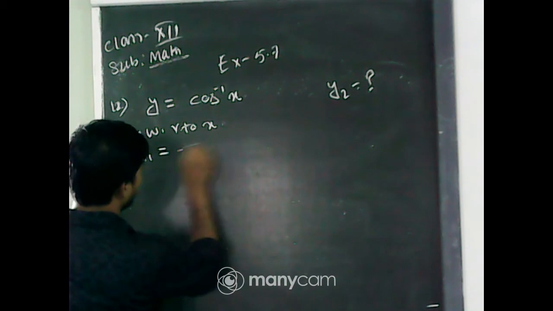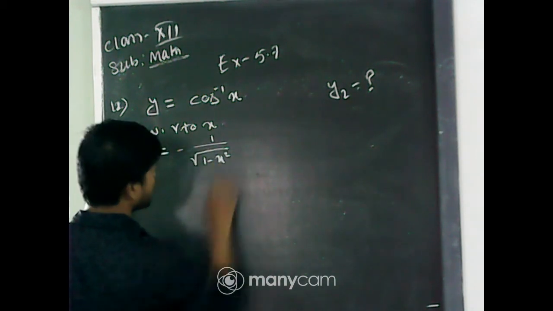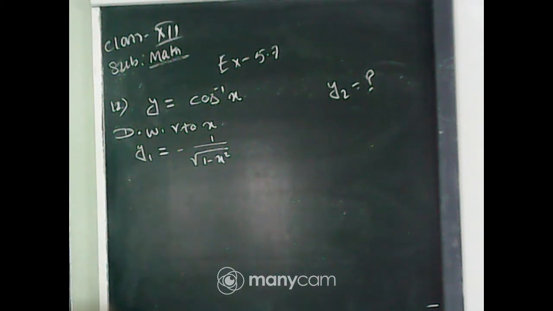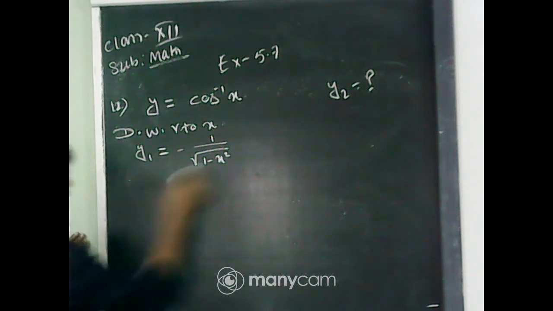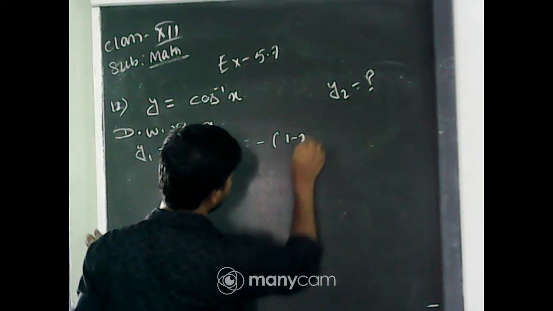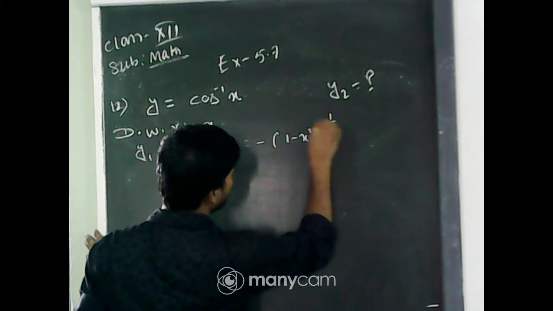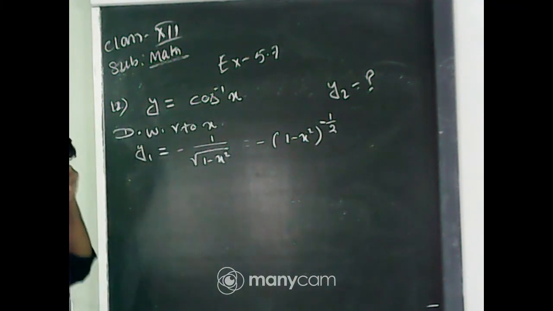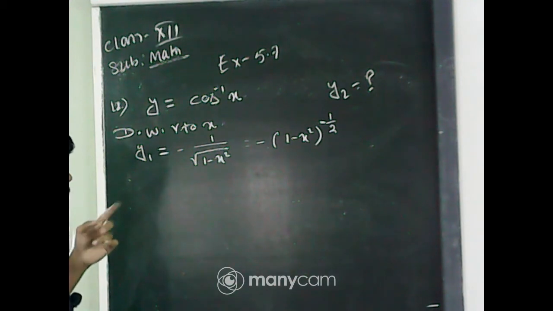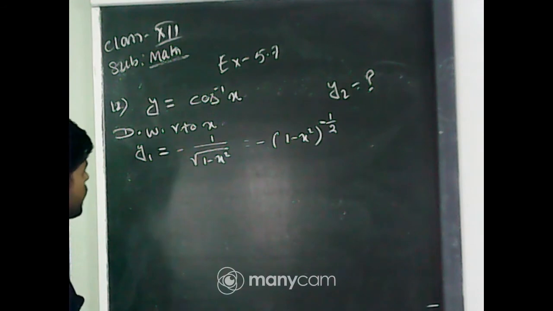Very good. Now we have to differentiate again. That can be written in the form minus (1 minus x square) to the power minus half. Now differentiate it with respect to x again.